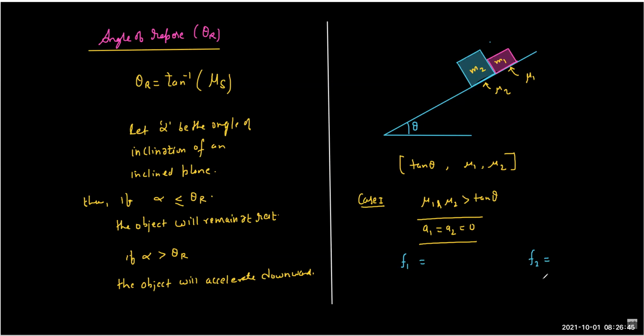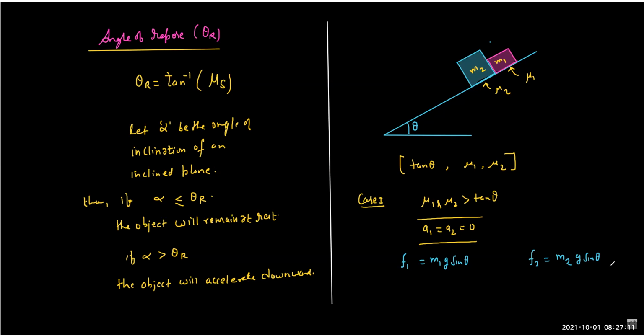So why is it 0? If it is 0, then why will it stop? Sir, F1 is M1 g sine theta. Very good. And what is F2? M2 g sine theta.